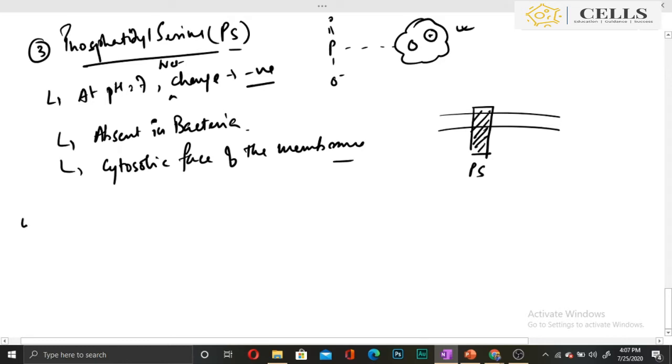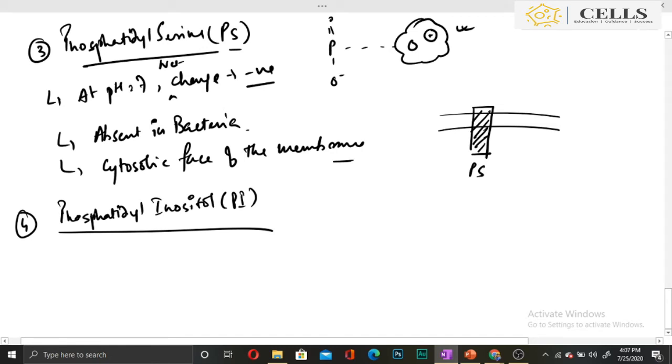The next phospholipid is phosphatidyl inositol, PI. Now this is very important. Why is it very important? I am telling you.